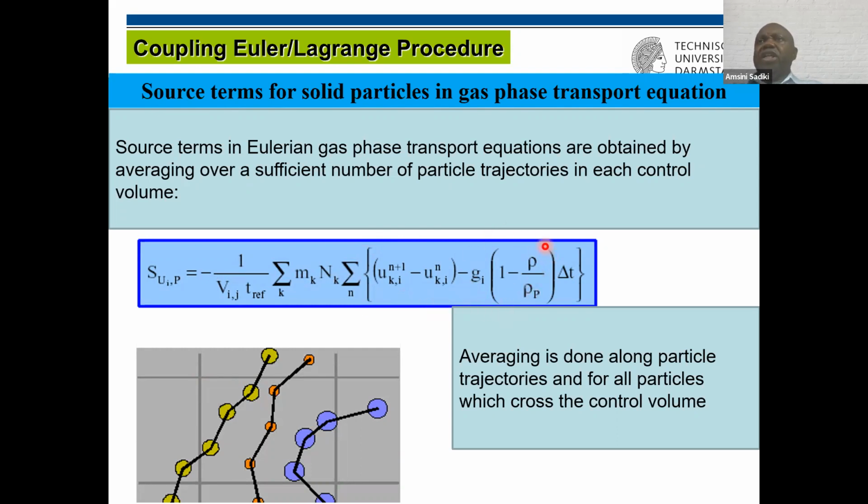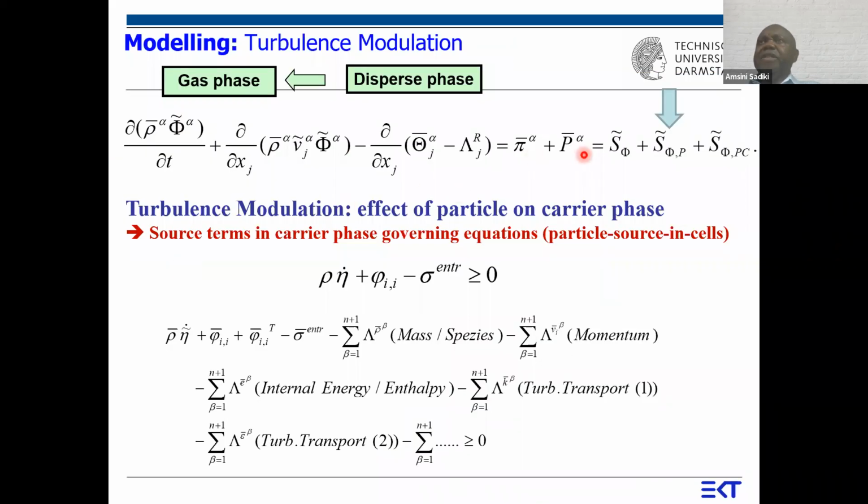And if we also have the gravitation force, we also have to take the change of the gravitation force during this time step. And this provides us the source term we have to put here in the case we are dealing with the momentum equation.